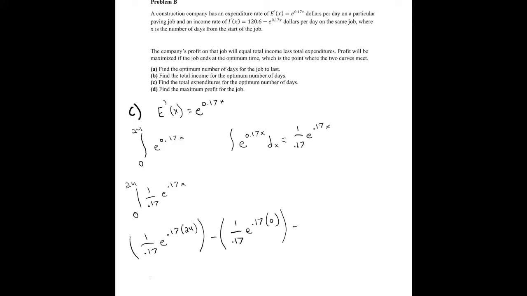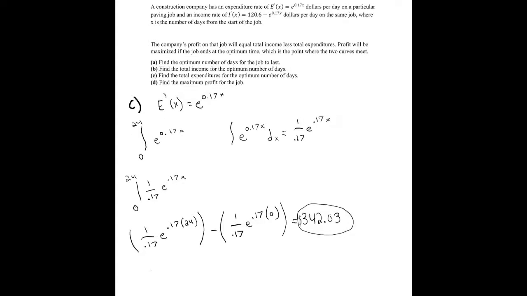After we plug these numbers in, we're going to get a total expenditure of $342.03. And that will be our total expenditures for the optimum number of 24 days. And don't forget our expenditure is in dollars, so label it with a dollar sign.